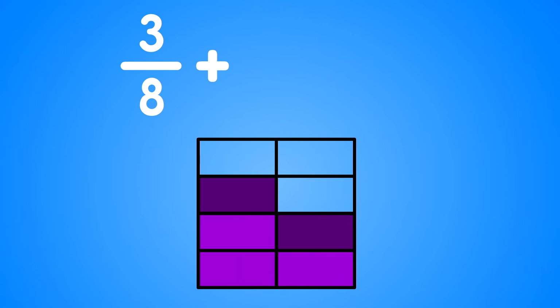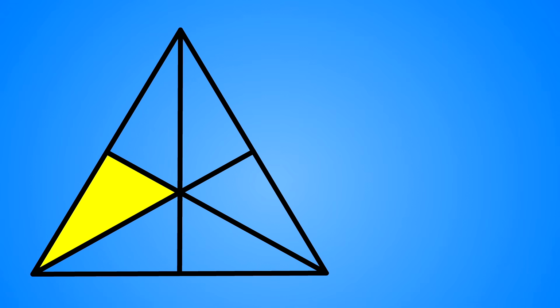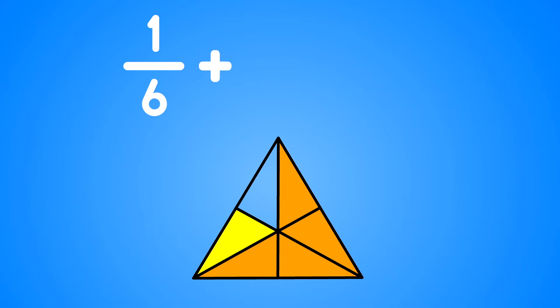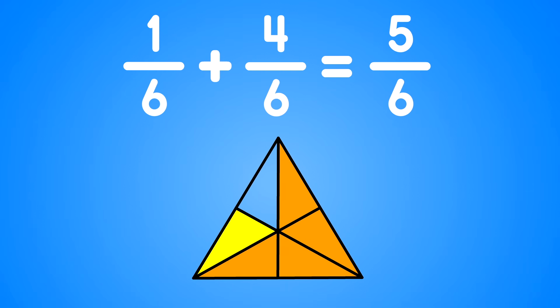If we start with 3/8 of this square and add 2/8, we get 5/8. 3/8 plus 2/8 equals 5/8. We have 1/6 of this triangle, plus 4/6 of the triangle means that we have 5/6 of the triangle. 1/6 plus 4/6 equals 5/6.